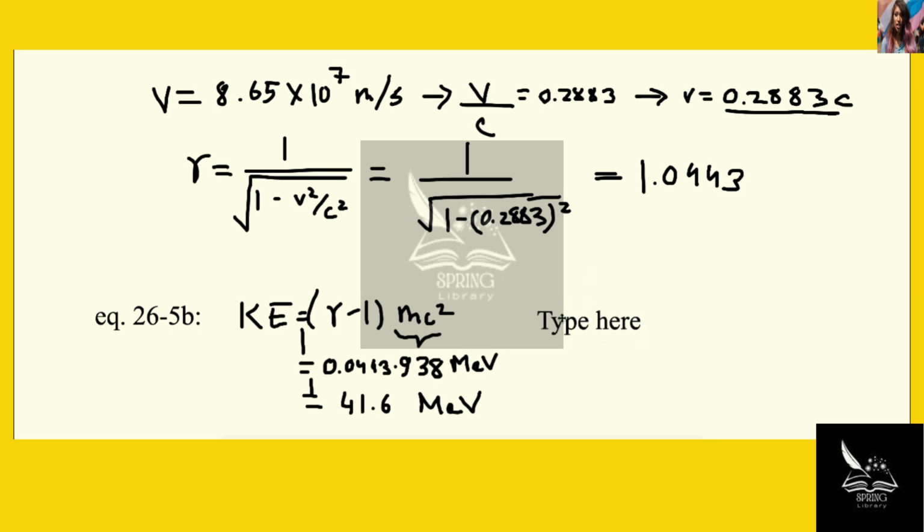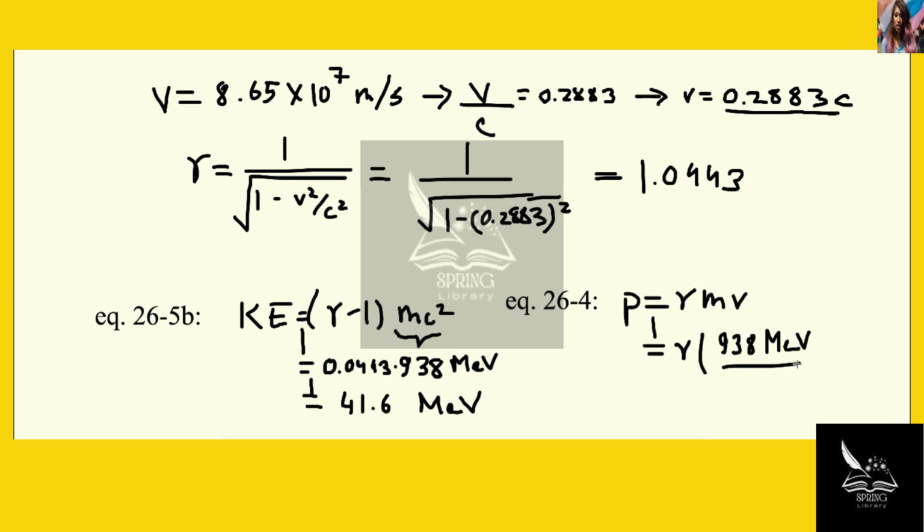Also, we find momentum with equation 26-4 from the book, which says the momentum is gamma times mv. And so you have gamma times m, which is 938 MeV per c squared, because remember, energy equals mc squared.